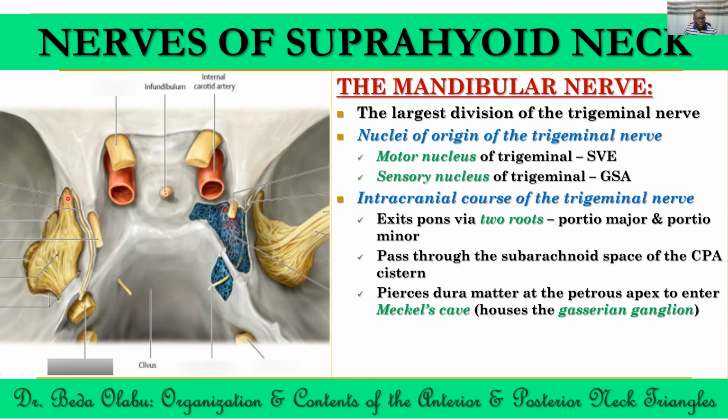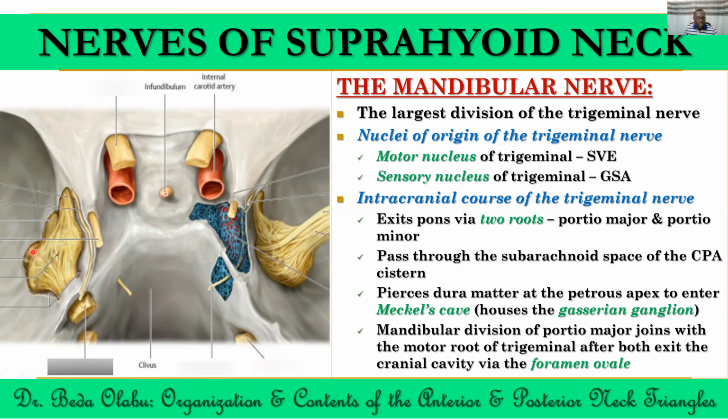That is the ophthalmic division of trigeminal and the maxillary division of trigeminal. They pass through the cavernous sinus, or they'll be at least in the lateral wall of the cavernous sinus. The mandibular one does not pass through the lateral wall of the cavernous sinus.